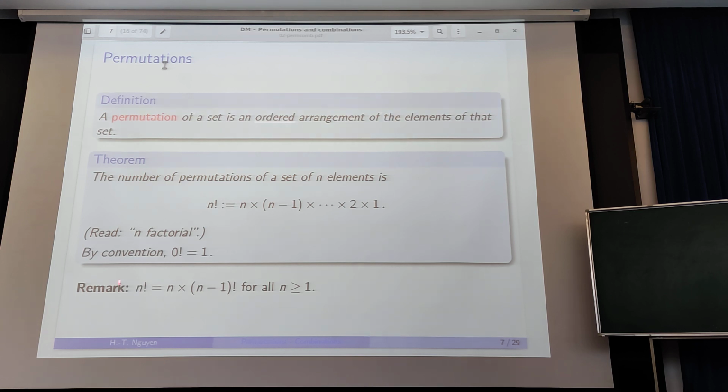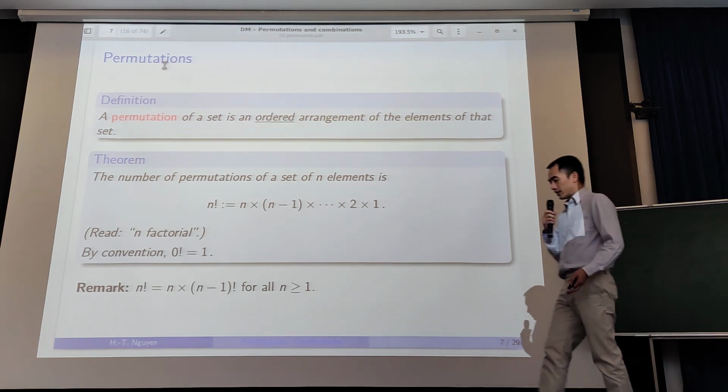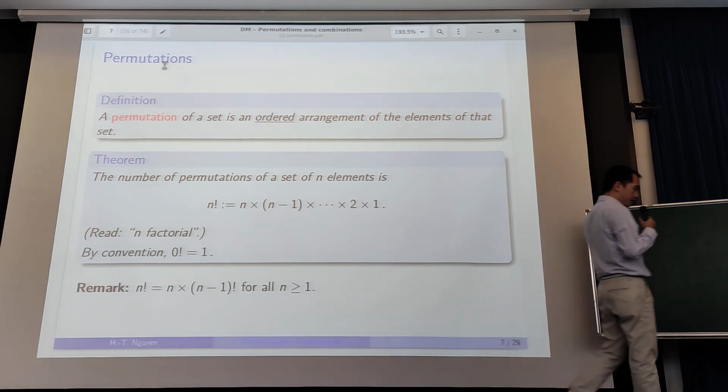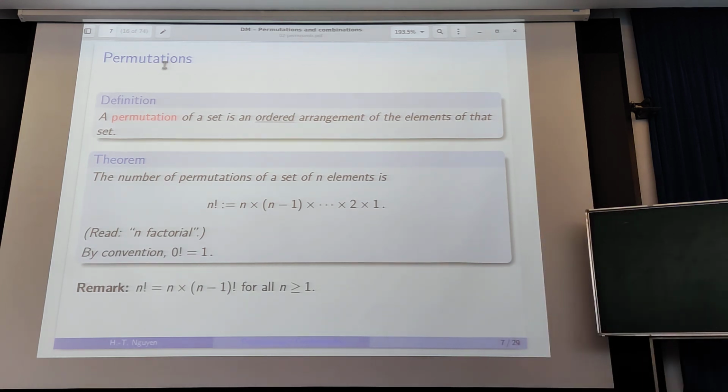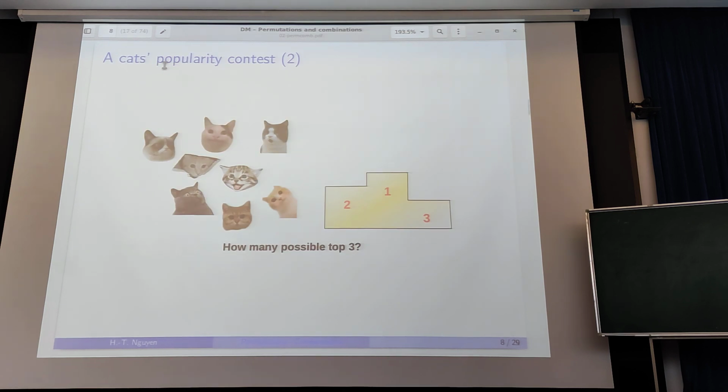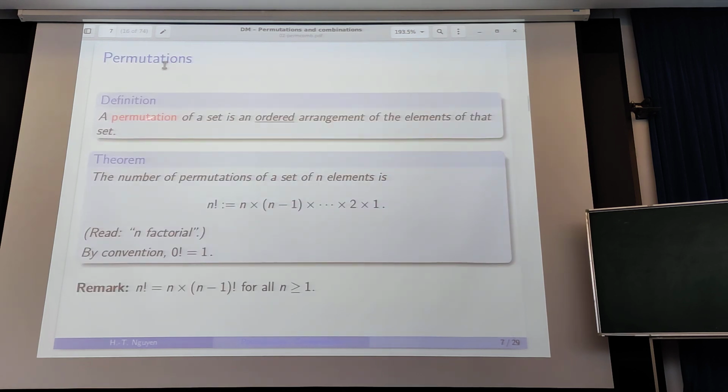Because here, if we use this formula, then you can define 0 factorial as 1 factorial divided by 1, and that gives you 1. So the reason is similar to the reason that you define 2 to the power 0 is equal to 1. Okay, so if you arrange the whole set, then you have a permutation.